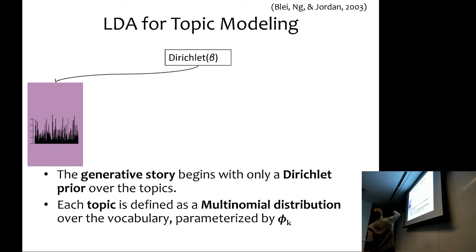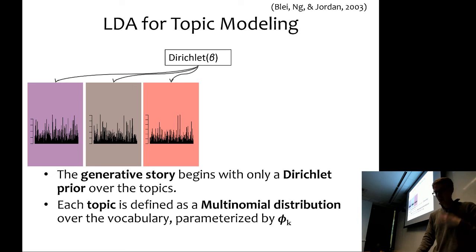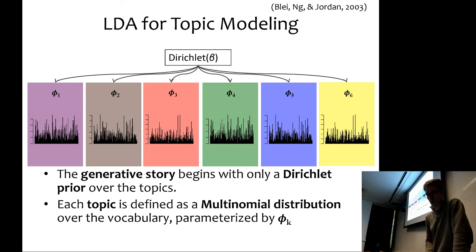And so the higher the bar, the higher the probability of that word in this particular topic. Now you sample another multinomial distribution, a different one, and a different one, and so on down the line, until we have, say, 6 different topics, each one expressed as a multinomial distribution over words. And we could number them as phi 1 up to phi 6.